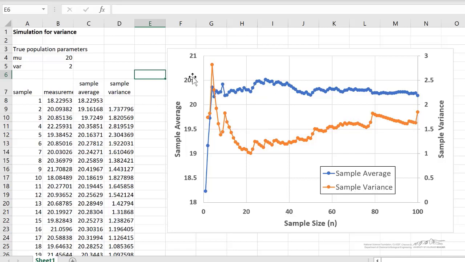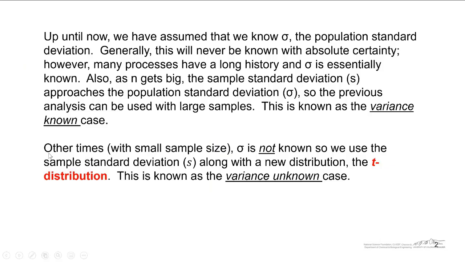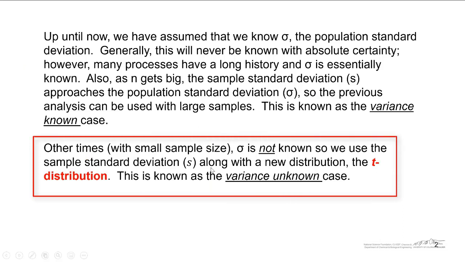So bottom line, if you have few samples down here, then you really don't know the variance. The average tends to approach the actual average a lot faster than the variance. So with small sample sizes, as I just demonstrated, sigma is not known, so we use the sample standard deviation s along with a new distribution that I'm going to talk about in a subsequent screencast called the t distribution.